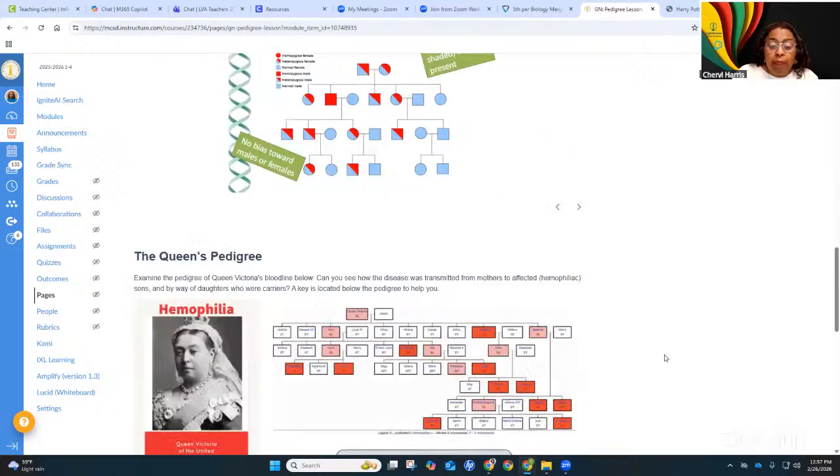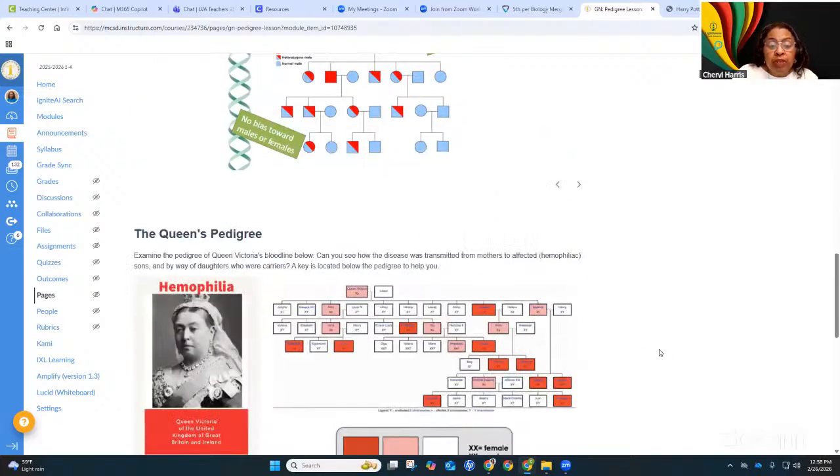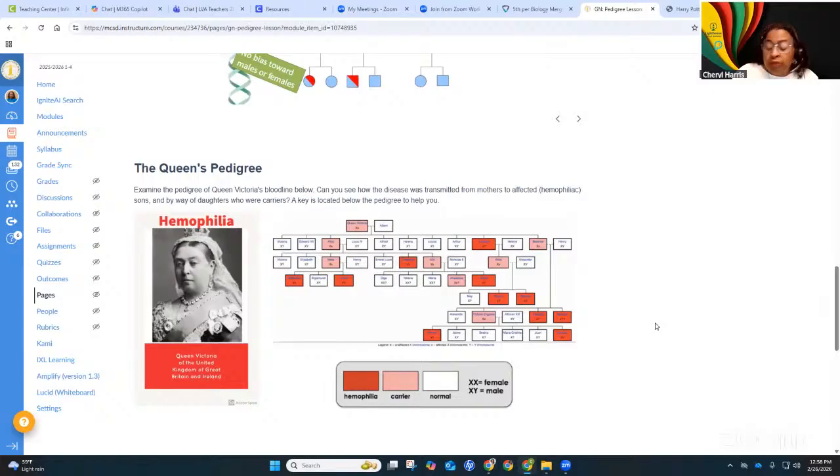So the famous pedigree is the kings and queens of Europe, who had a tendency to have hemophilia. We talked about that yesterday. So we start with Queen Victoria. She had hemophilia, and she passed it on to all her sons, and then they got married and they passed it on.